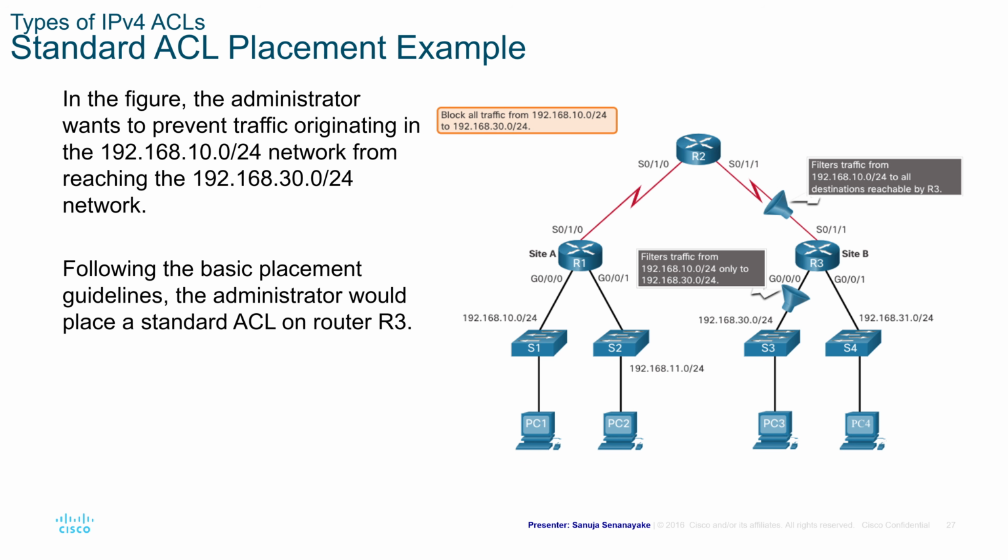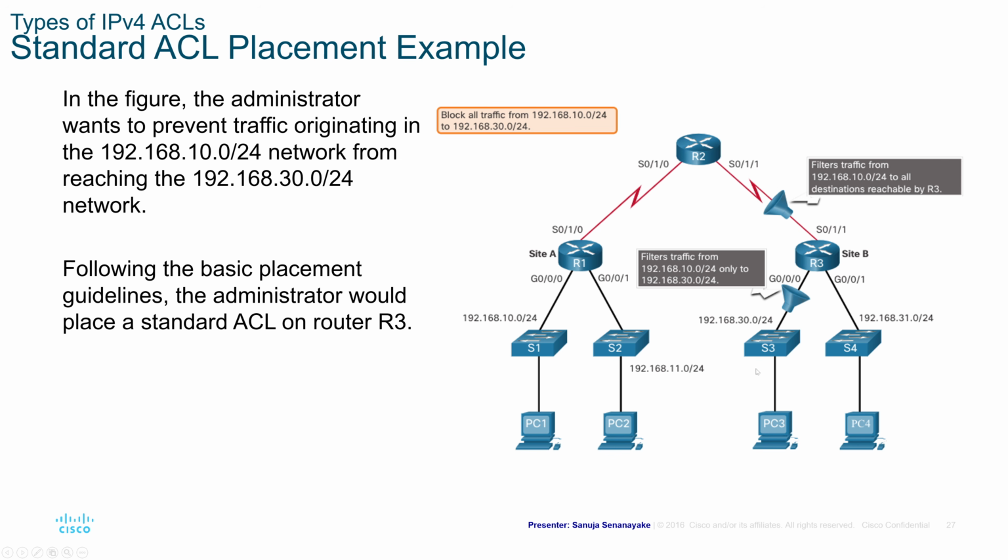Standard ACL placement example. In the right-hand side figure, the administrator wants to prevent traffic originating in the 192.168.10.0/24 network, which is this network, from reaching the 192.168.30.0/24 network, which is this network. So they're trying to prevent traffic originating from 192.168.10.0 from reaching the 192.168.30.0.